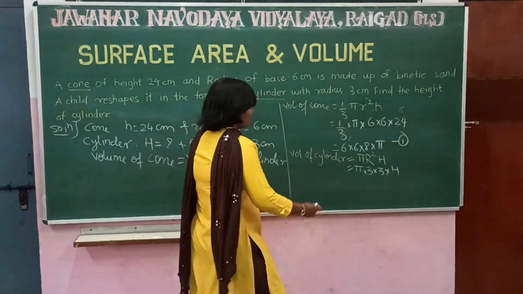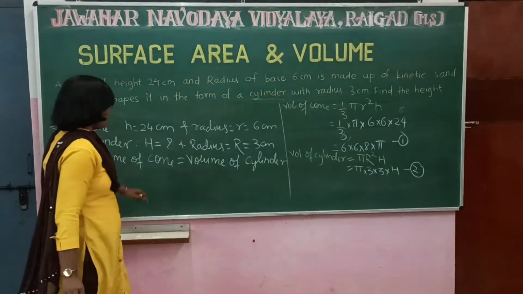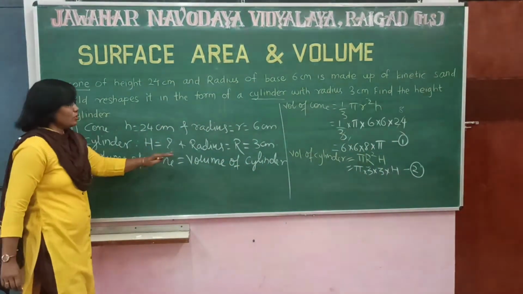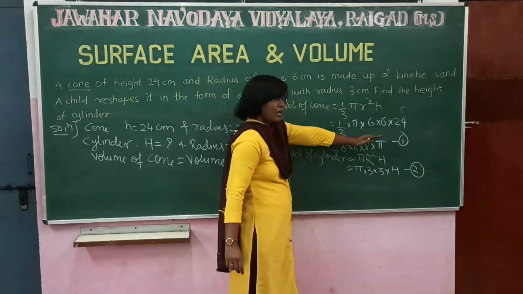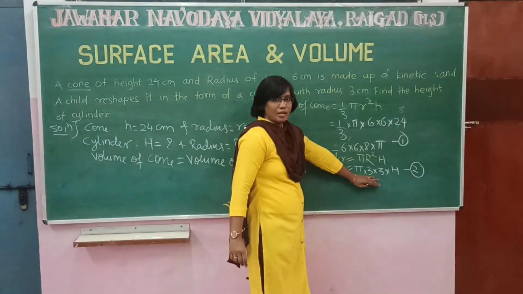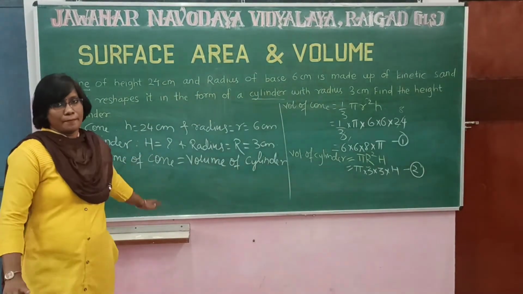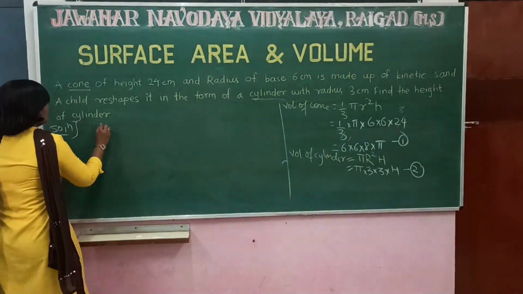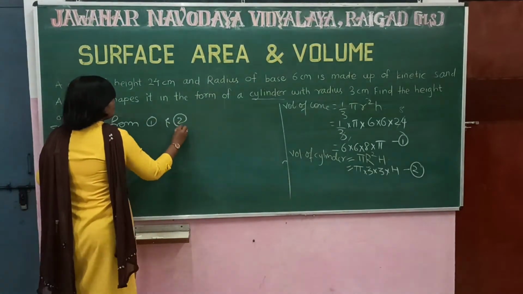So we have written the volume of cylinder, and the value is pi into 3 into 3 into h. But students, we already know that the volume of cone is equal to the volume of cylinder. So here we can equate it. This value will have to be equal to this value. Right? Can I rub this portion, children? Yes, ma'am. Therefore, from 1 and 2, what did we get?